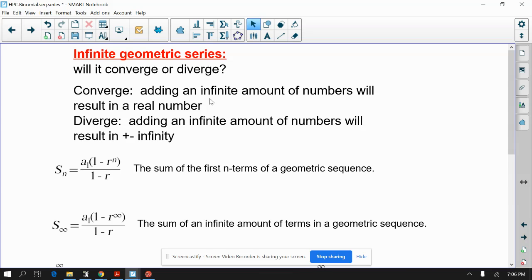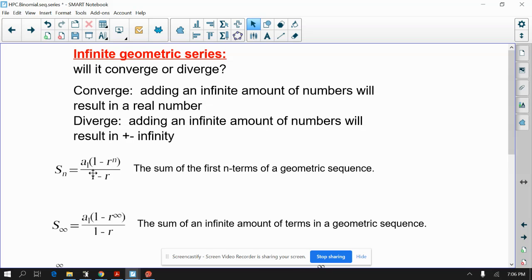Some diverge, some converge. So how do I know the difference? Again, converging means for an infinite geometric series, if you add an infinite amount of numbers, you're going to get a real number. If it diverges, if you add an infinite amount of numbers, you're either going to get positive infinity or negative infinity.